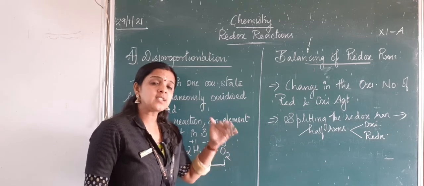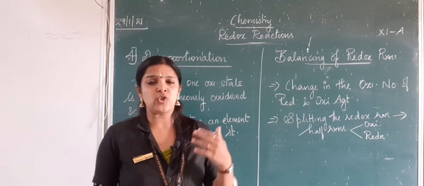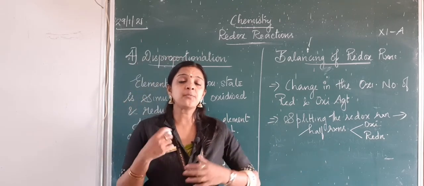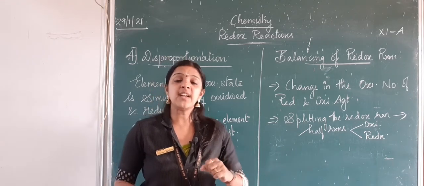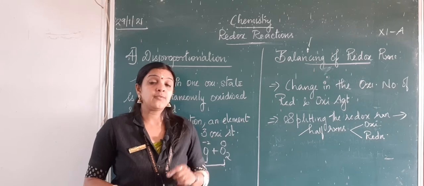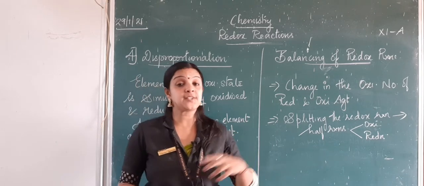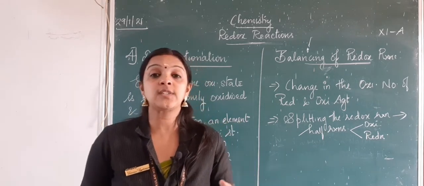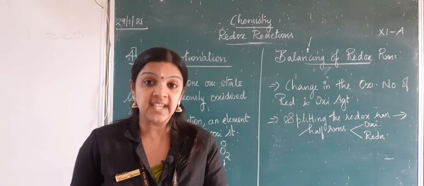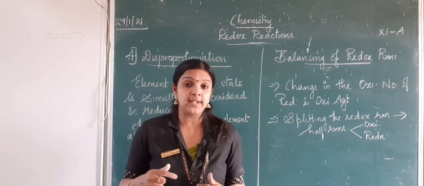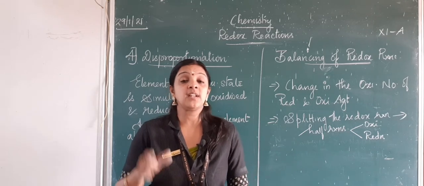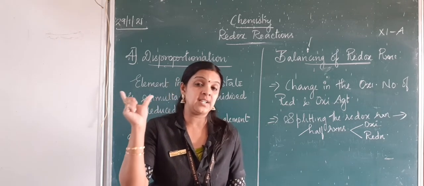Now, there are some complex reactions which need to be balanced. When we write the half cell reactions, we always make sure that the number of electrons lost is equal to the number of electrons gained. So, we should make sure that the whole reaction is getting balanced.